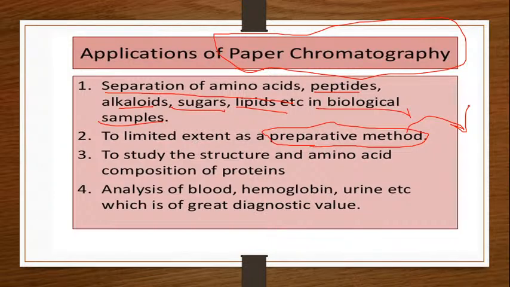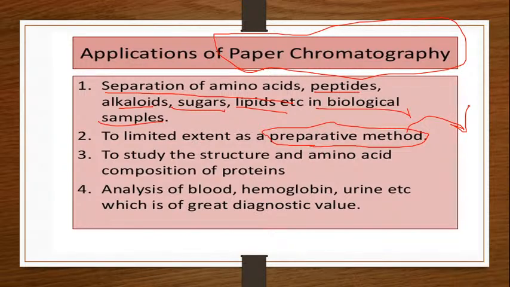More importantly, as I already said, amino acid study is a very fascinating application for paper chromatography. Hence, studying the structure and composition of amino acids and, more specifically, proteins is possible using paper chromatography.